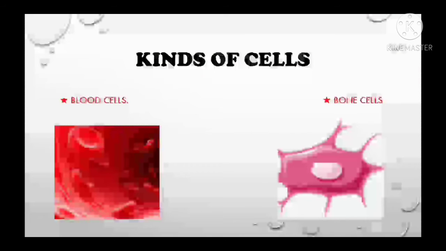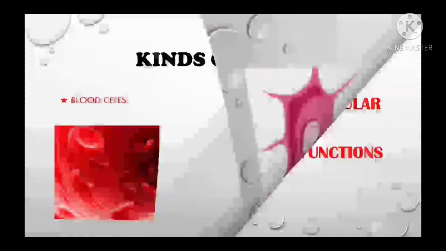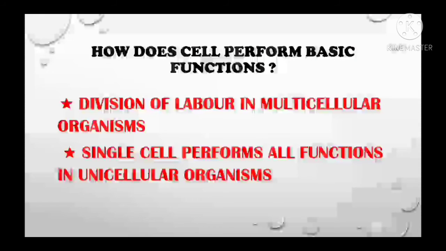Next, let us see some kinds of cells. There are many kinds of cells such as bone cells, muscle cells, blood cells, fat cells, ovum, etc. Now let us see how a cell performs its basic functions. In multicellular organisms, it performs its functions by a method called division of labor.